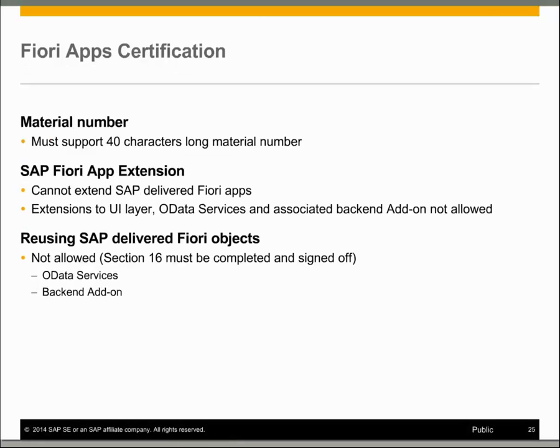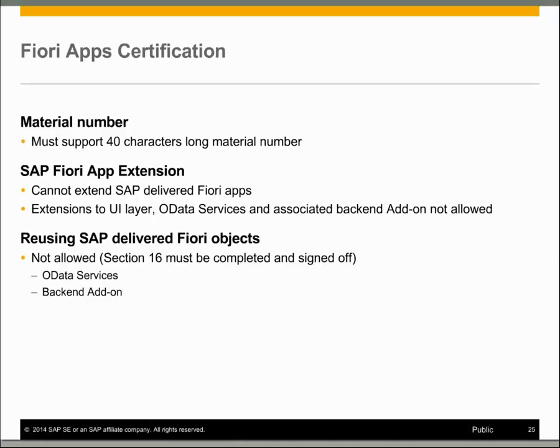Other than this, some of the things that you have to keep in mind before developing a Fiori app. Well, the first one is the material number. If you know a little bit about SAP's ERP master data, material master data, it's only 18 characters long. But some of the customers use 40 character long material numbers.